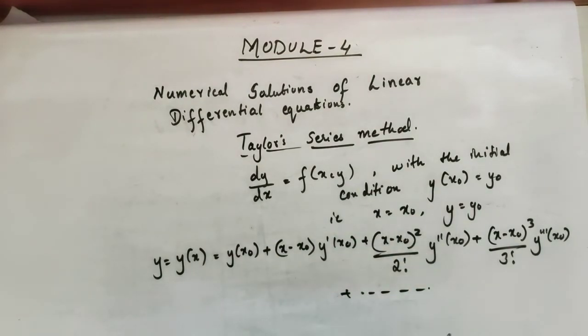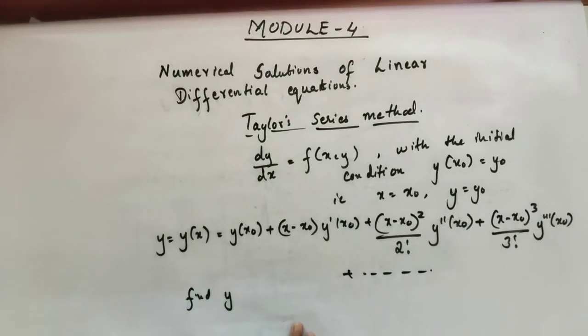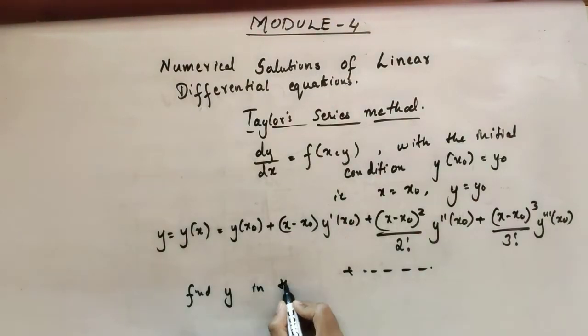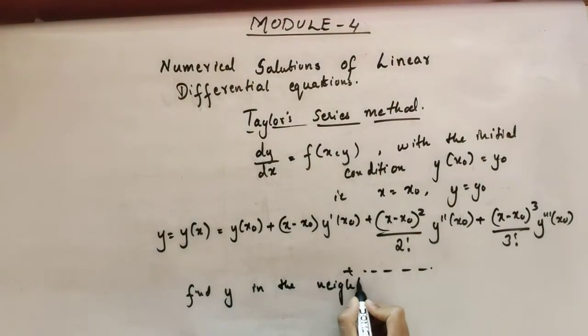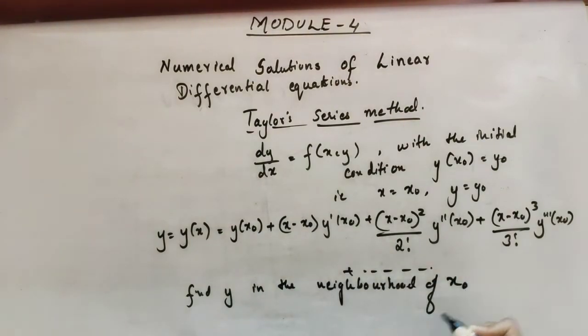Now if I ask you to find the value of y in the neighborhood of x naught, I can give you an example. Suppose x naught is 0 and you are working for y at the point y of 0.1. So 0.1 is in the neighborhood of x naught, very close to 0. Similarly, you can even work for y of 0.2.